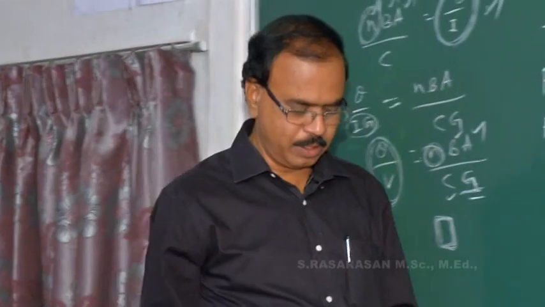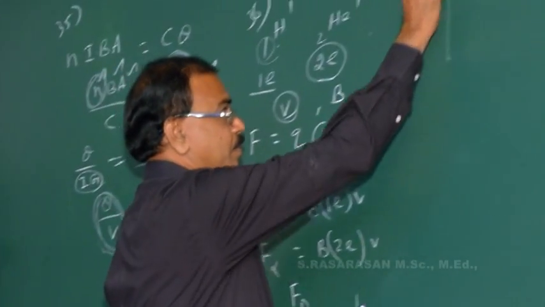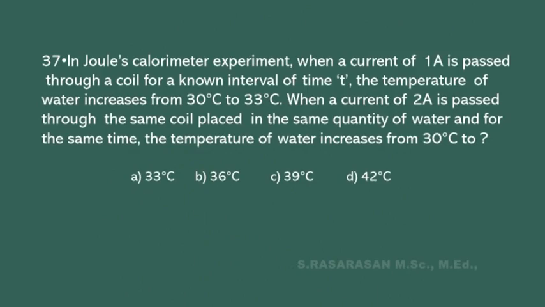Pass on to the next. In Joule's calorimeter experiment, when a current of 1 ampere is passed through a coil for a known interval of time t, the temperature of water increases from 30 degrees Celsius to 33 degrees Celsius.